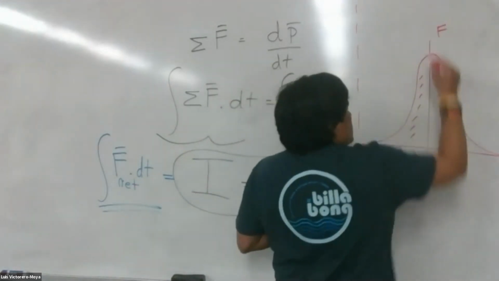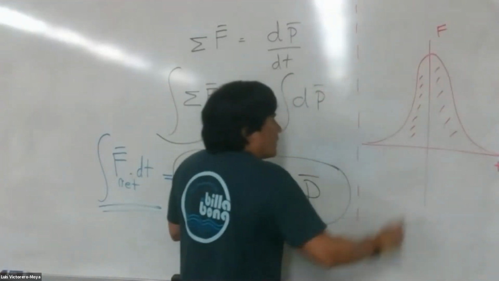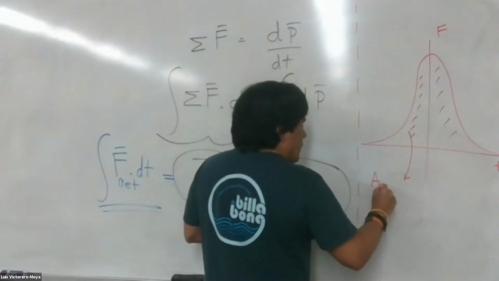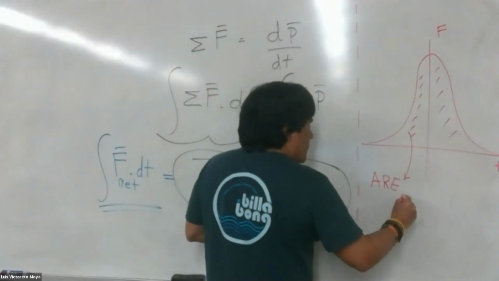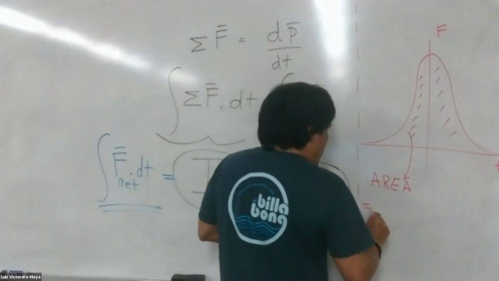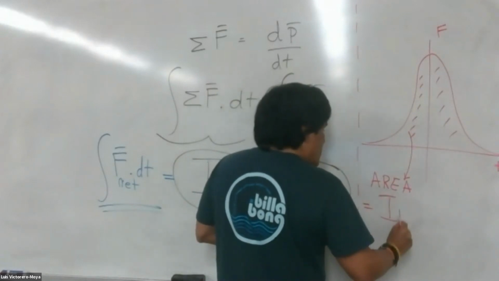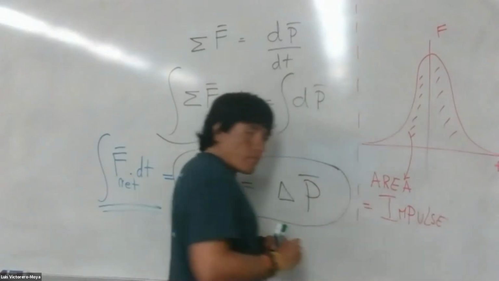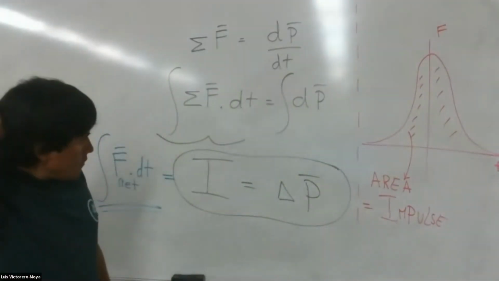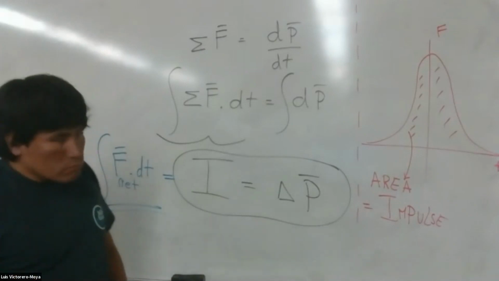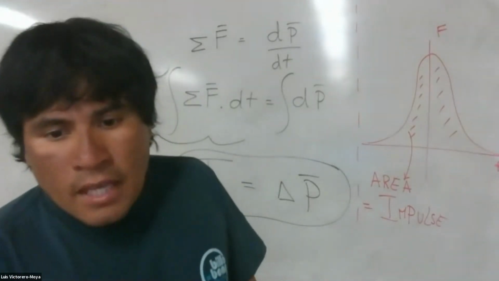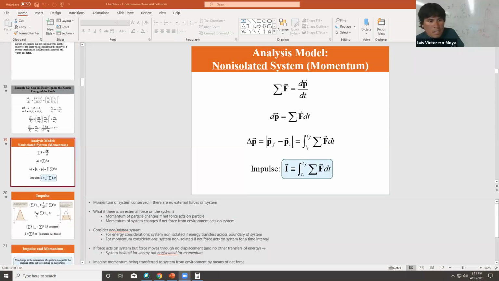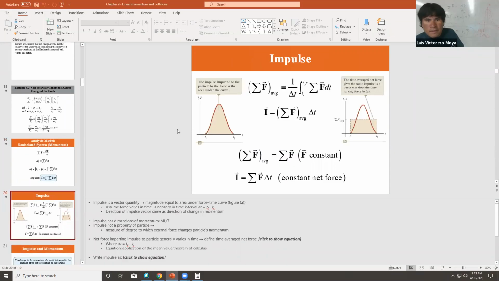The area under the curve of the force, this area, is equal to the impulse. So that's the idea behind impulse. As you can see, there are not many difficult concepts, and there you are.